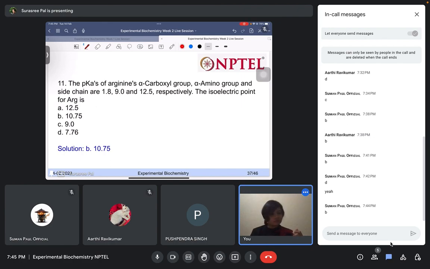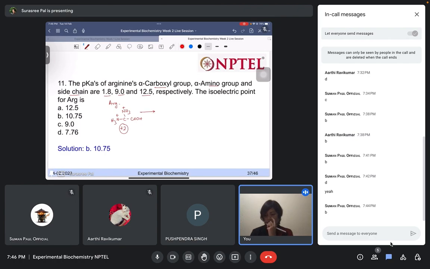So as I was saying, the pKa of the alpha carboxyl group is 1.8, the alpha amino group is 9, and the side chain pKa is 12.5. In its most protonated state, arginine will exist as COOH, NH3+, and in the side chain also NH3+, like this. So in the most protonated state it is plus 2.